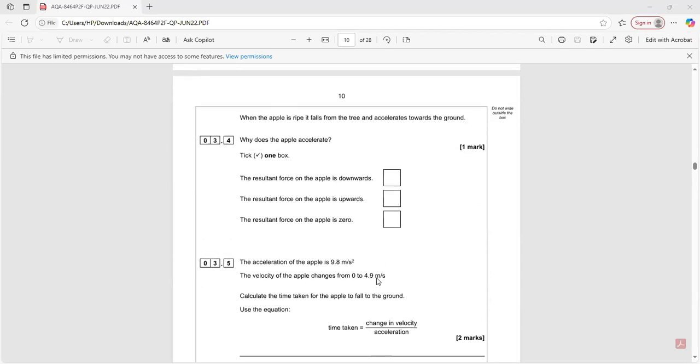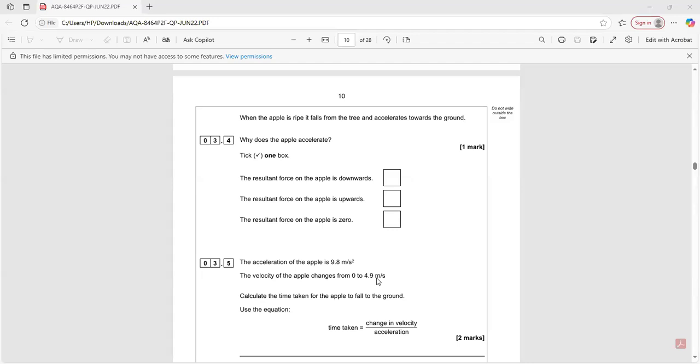Still talking about the apple. It says when the apple is ripe, it falls from the tree and accelerates towards the ground, right? Why does it accelerate? Because of the gravitational pull. So the resultant force on the apple is downwards.